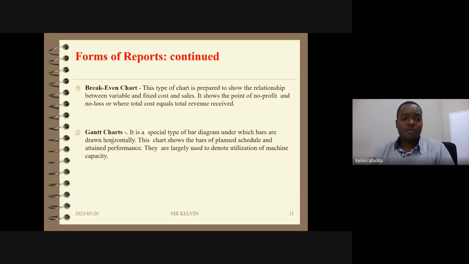We are going to have a unit standard on project management later in the year, where we'll be drawing these Gantt charts and also break-even charts, which simply show the cost and revenue structure of an organization. So these are two technical reports, but we are going to be looking at them as we go through the year.